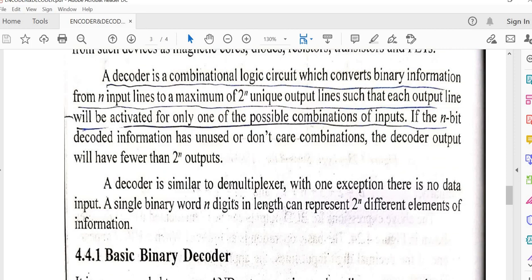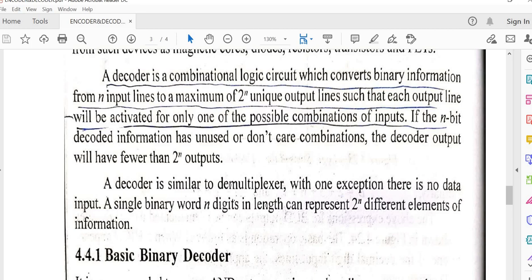So what is a decoder actually? A decoder is a combinational circuit that has n input lines and a maximum of 2 to the power n output lines. One of these output lines will be active at a time.